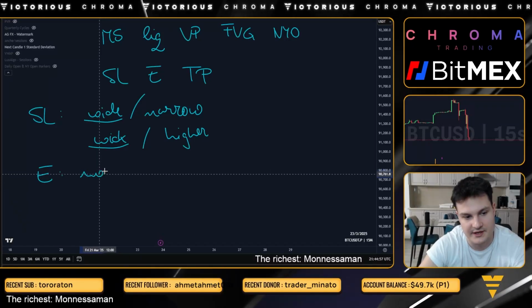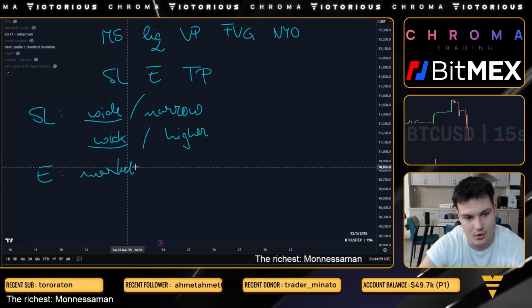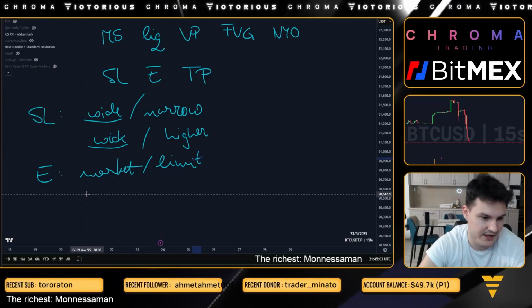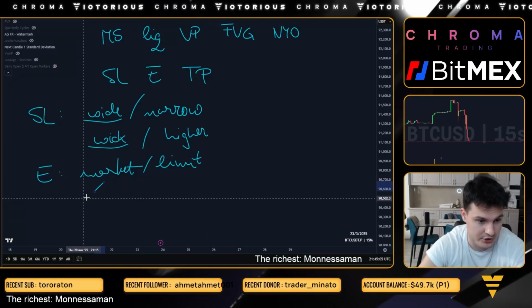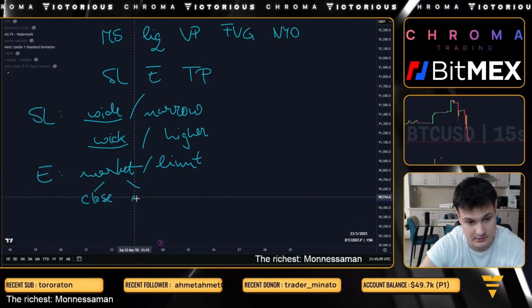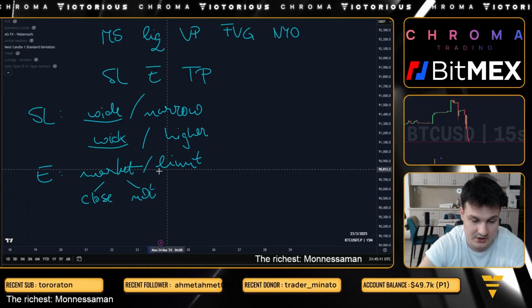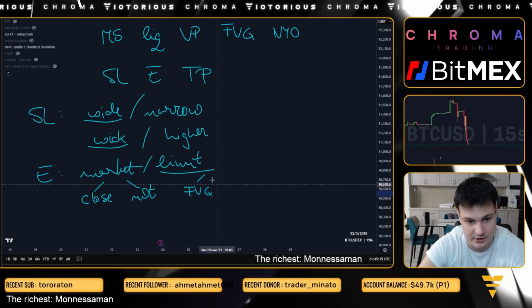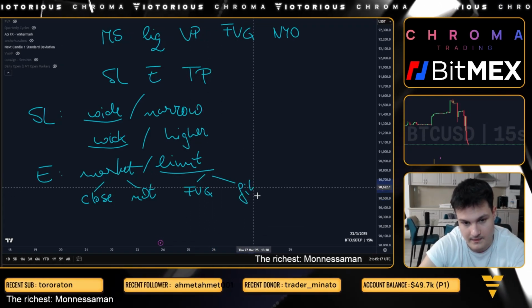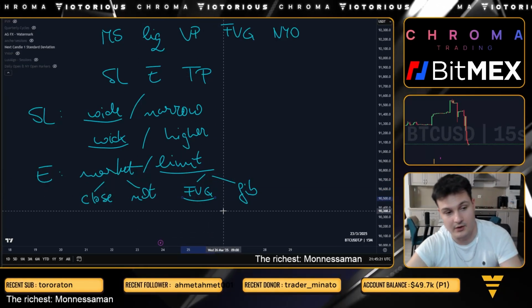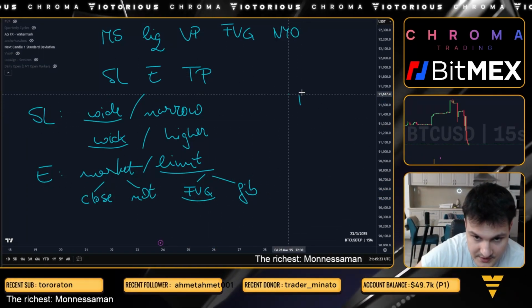Will it be a market entry, or will it be a limit? Will it be a market entry on candle close or not? Will it be a limit order on a fair value gap or on a Fibonacci level? Let's say we decide on a limit order inside the fair value gap. Now what about the TP?